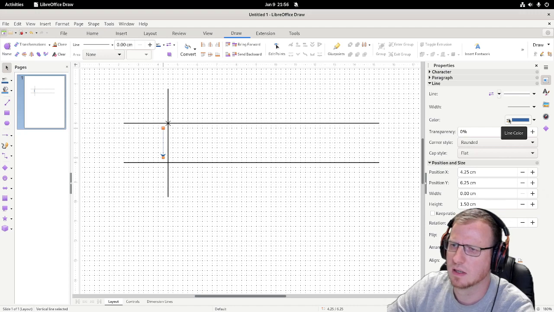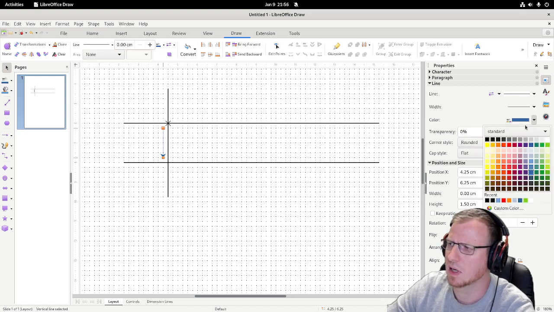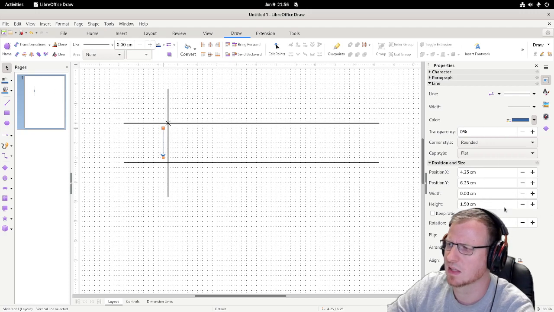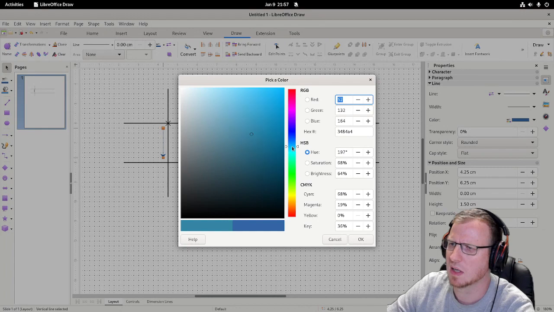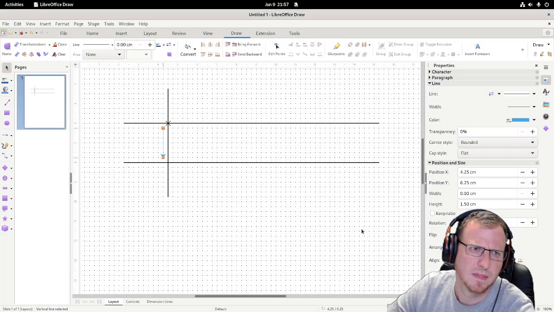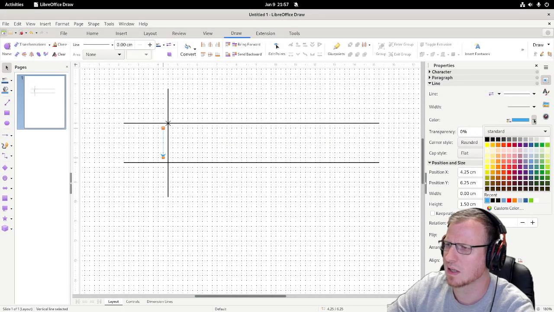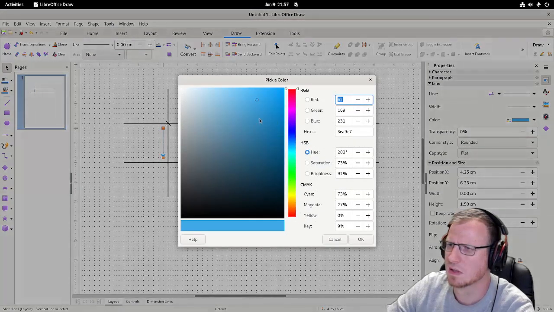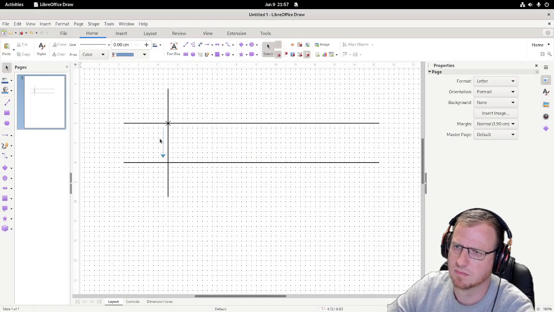For this style, I want to use a custom color, a little bit darker.